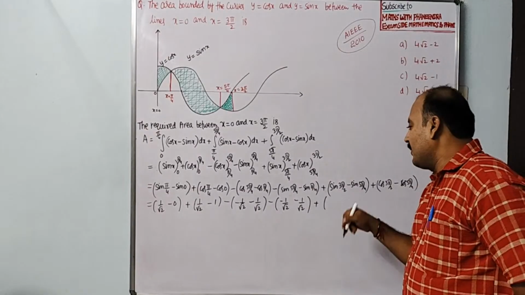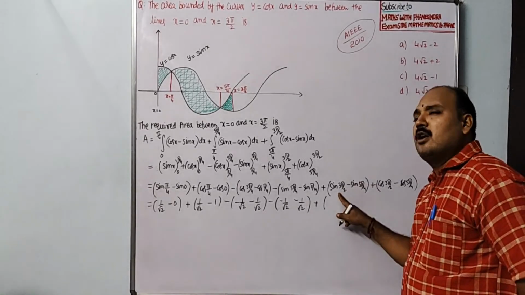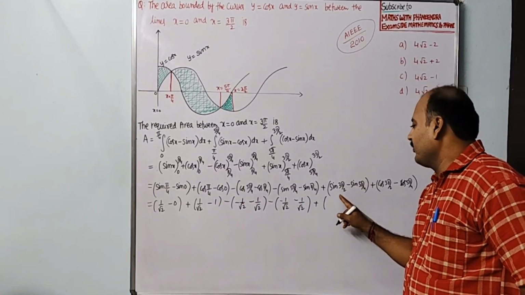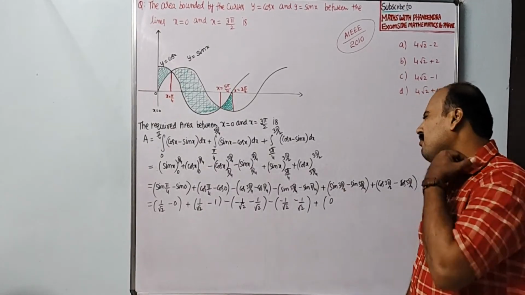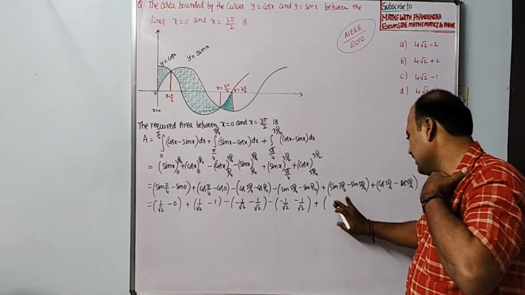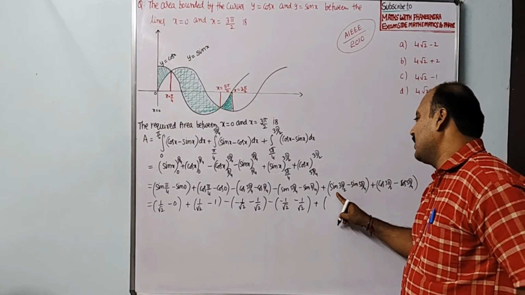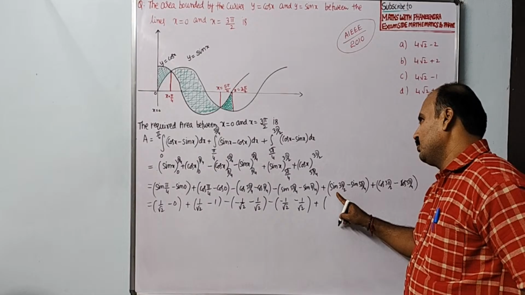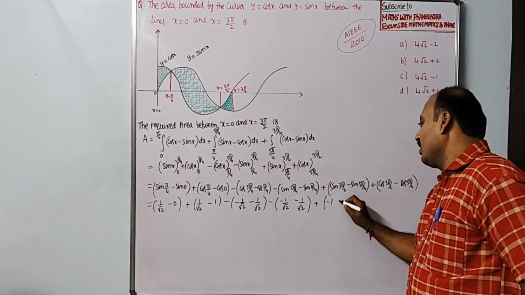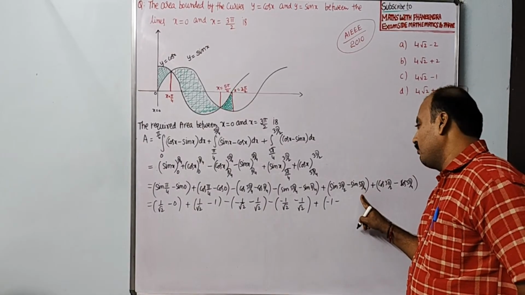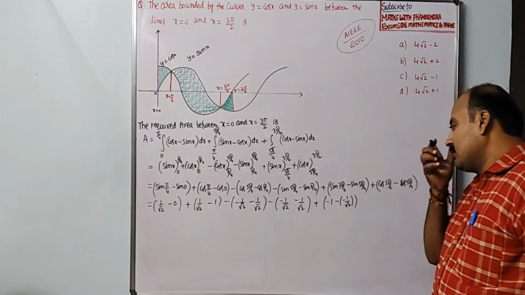Sin 3 pi by 2 is sin of pi plus pi by 2, sin of pi plus theta is minus sin theta, so minus sin pi by 2 is minus 1. Minus sin of pi plus pi by 4 is minus 1 by root 2, sin pi by 4.